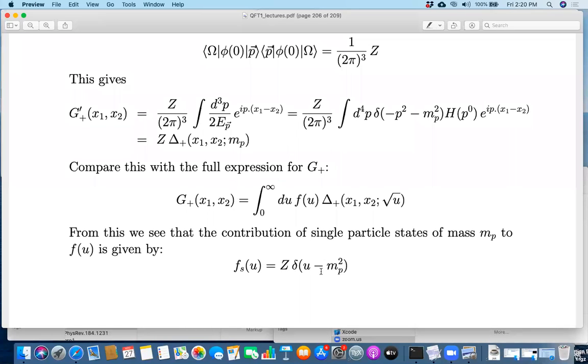And whatever the argument of the delta function is will tell us what the physical mass of the particle is. Is this clear? Are there questions? Okay. If not, let me proceed.